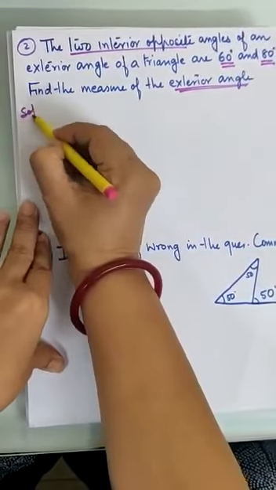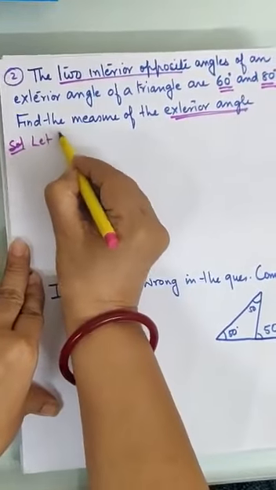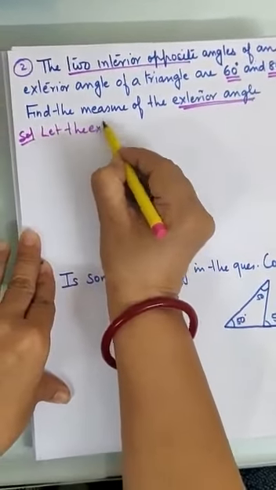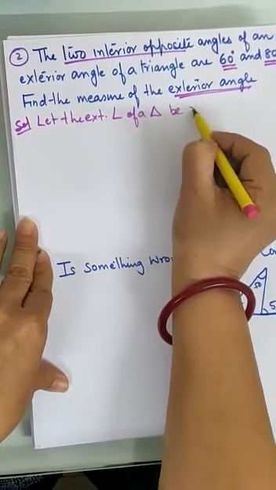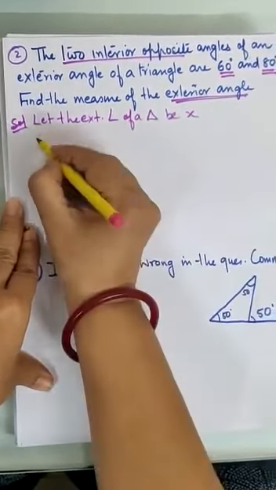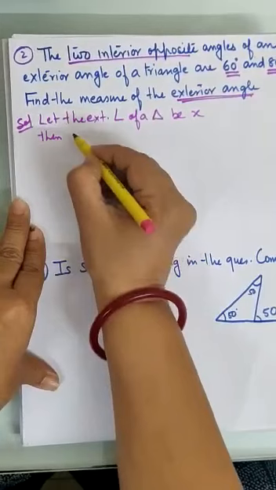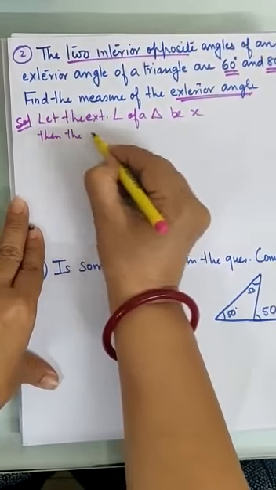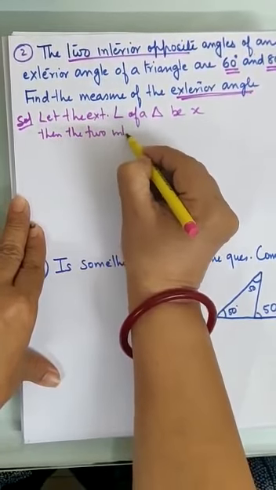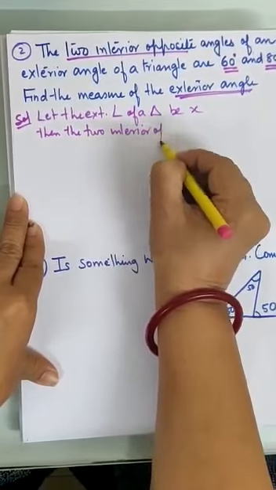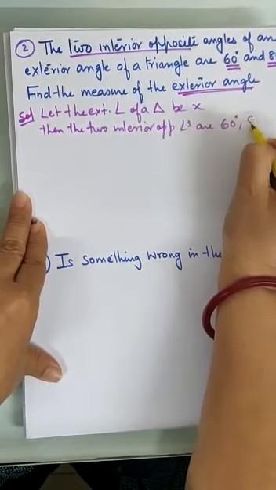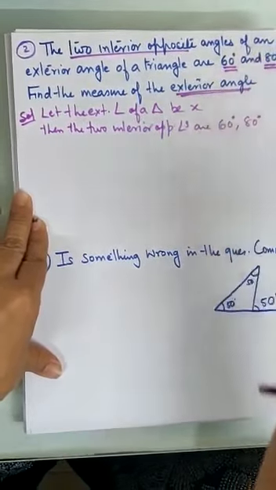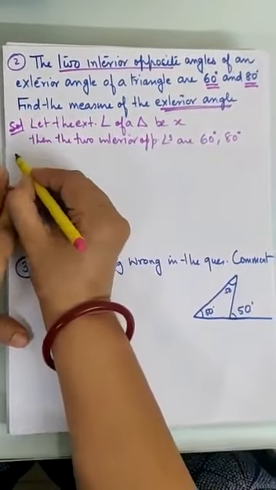So we assume let the exterior angle of a triangle be x. Then the two interior opposite angles are 60 degrees and 80 degrees. This is given here.